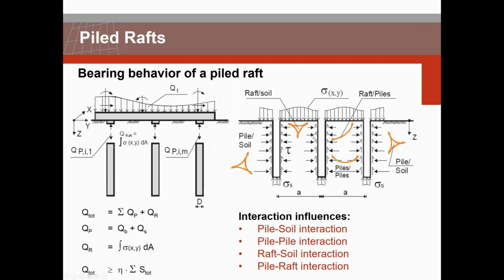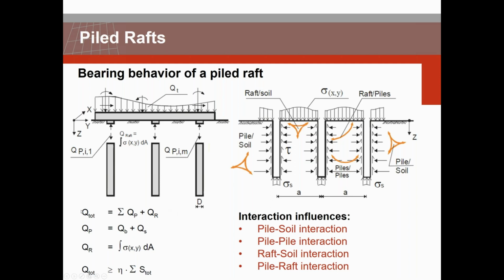And on the right, we have some arrows displaying the different interactions that govern how the pile raft performs. These are four interactions: the pile-soil interaction, the soil-raft interaction, the raft-pile interaction, and the pile-to-pile interaction. So these four interactions are governing how the pile raft performs.